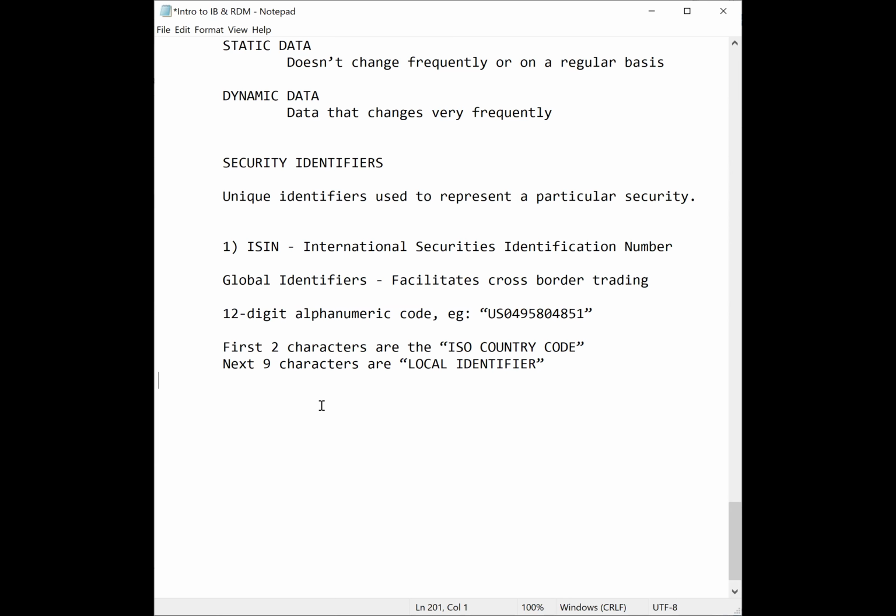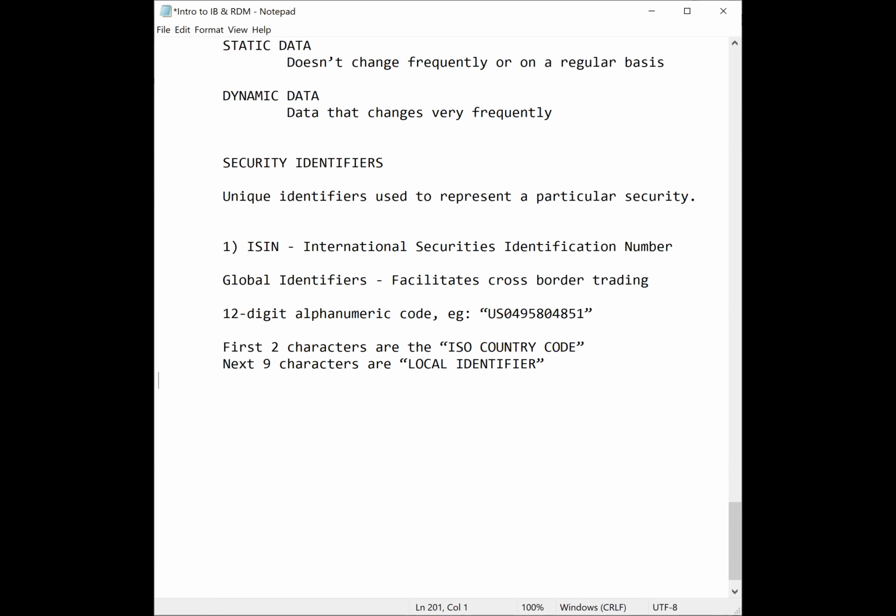SEBI plays the role of NNA, National Numbering Agency. So SEBI creates this 9-digit code for all the Indian securities. Similarly, in the US, we have CUSIP Global Services, which acts as the NNA for US securities. So the NNA of that region creates this 9-digit code.